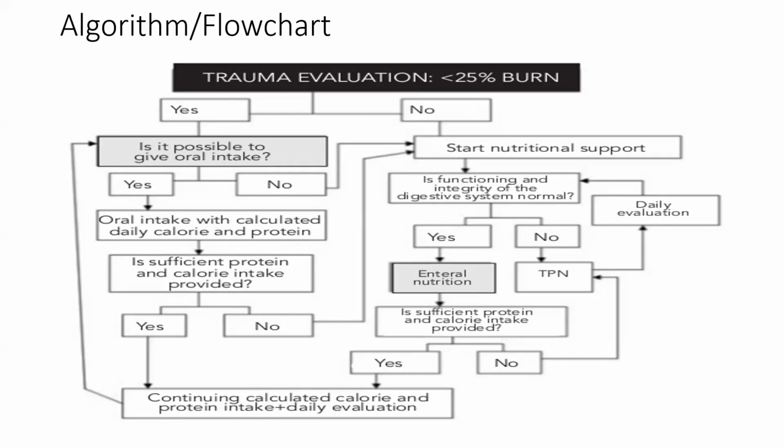That's why below 25% these are patients who are able to feed. But if they are not able to feed, then even with less than 25% burns, maybe they also had trauma, maybe from a road accident on top of the burns, or they lost their level of consciousness with a low GCS.